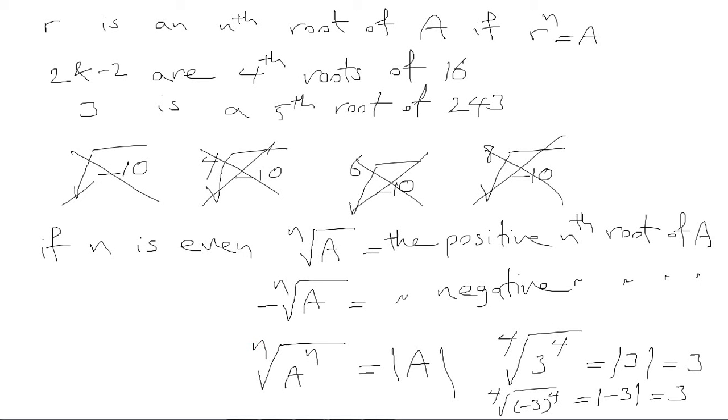For example, all the positive numbers have 2 fourth roots. This is the symbol we use to represent the positive nth root of a. This is the symbol that we use to represent the negative nth root of a, where a is something positive and n is something even.